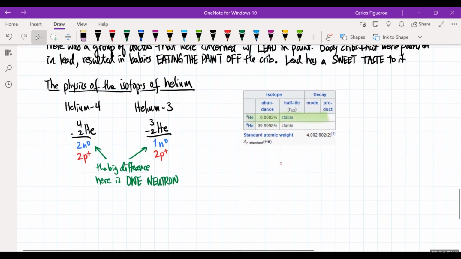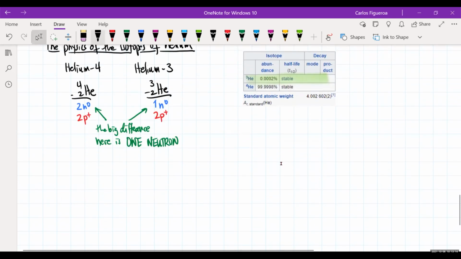And what you find here is that helium-3, so remember, from now on, I'm going to write helium-3 like this, okay?